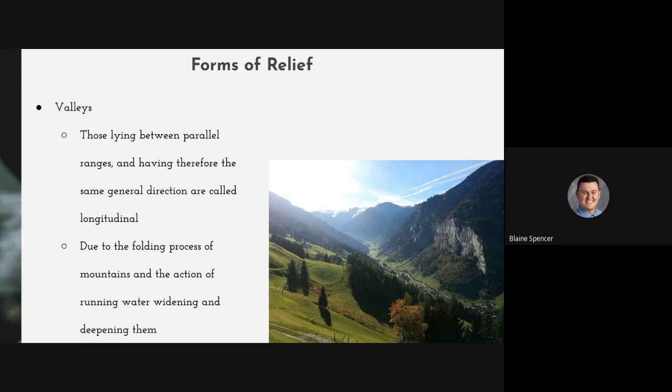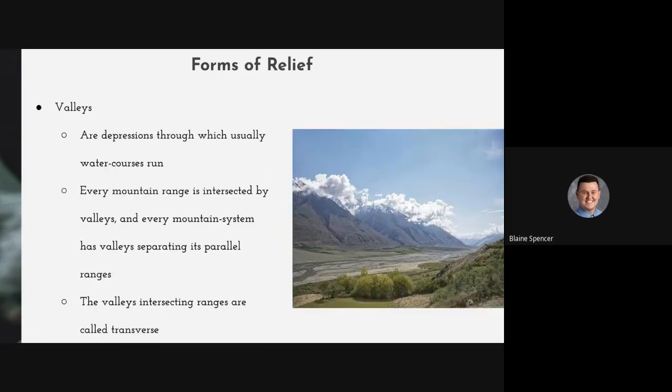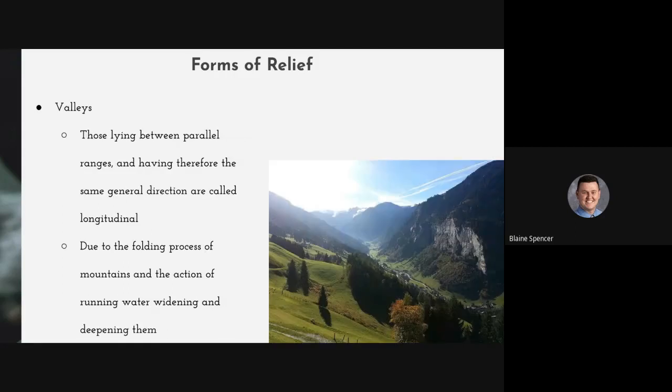Okay, so I'm going to go back real quick. Okay, so if the ranges are going different directions, those are called transverse. And then the ones that are running parallel, that are running right beside each other, that valley is going to be called a longitudinal valley.